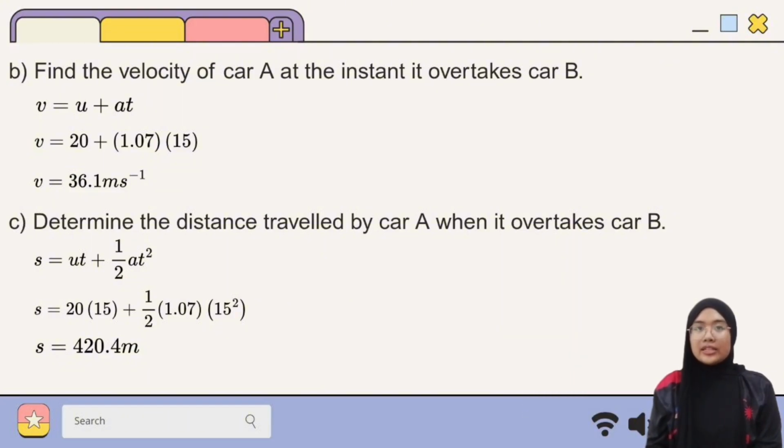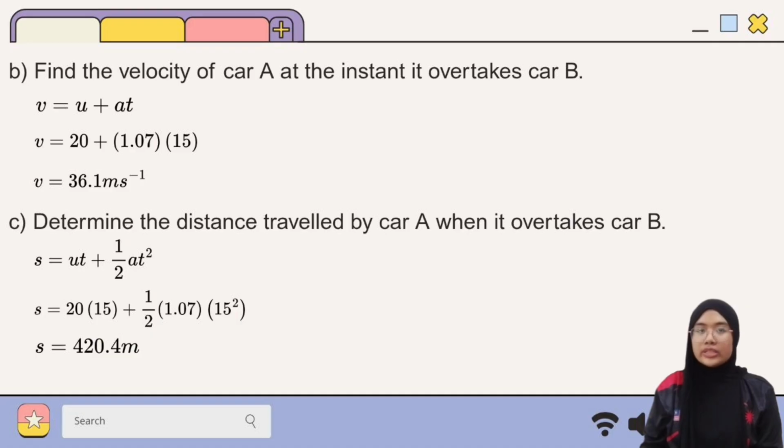C. Determine the distance traveled by car A when it overtakes car B. The initial velocity is u equals 20 meters per second, the acceleration a equals 1.07 meters per second squared, and the time taken is t equals 15 seconds. Therefore, the formula s equals ut plus 1/2 at squared is used.